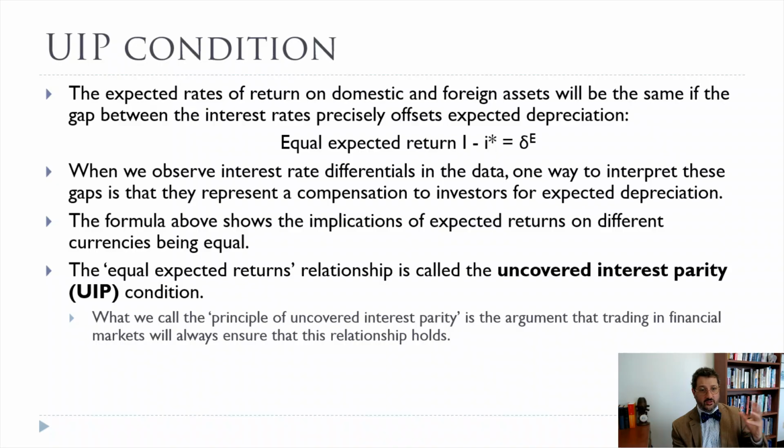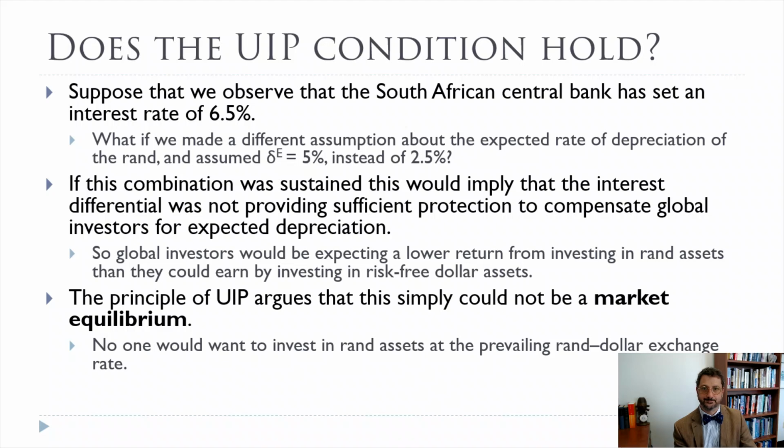Now, the uncovered interest parity condition is just like any other arbitrage condition, where there will be people who disagree. So there will be people buying both bonds, and at the end of the year, some will be right and some will be wrong. So does it hold? It has to hold in equilibrium.